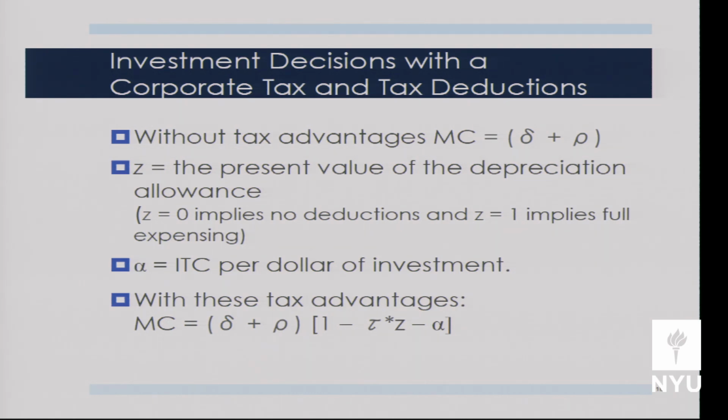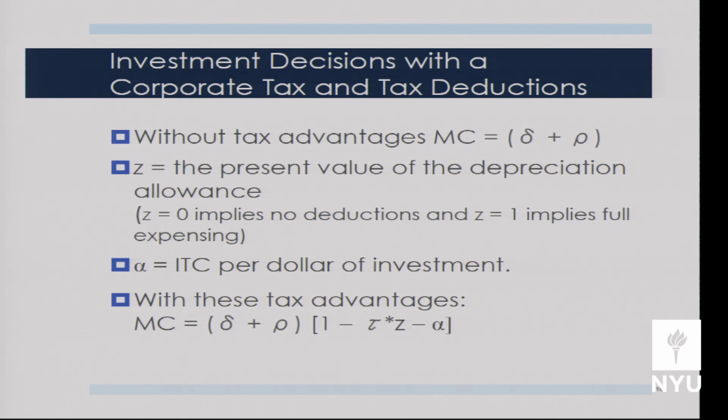Alpha is the investment tax credit per dollar of investment. So for each dollar of investment, you get some tax credit of 10 cents. Okay. So this is going to change our marginal cost. Our marginal cost was originally delta plus rho. Each dollar of investment costs delta plus rho, but we get delta plus rho times Z times tau in tax savings from depreciation allowances, right?